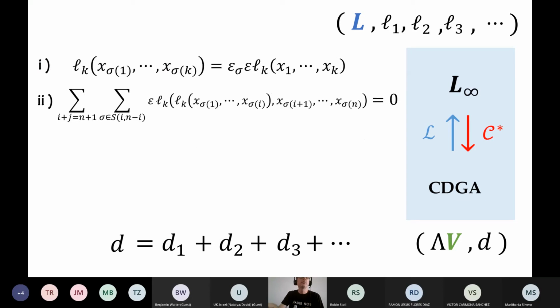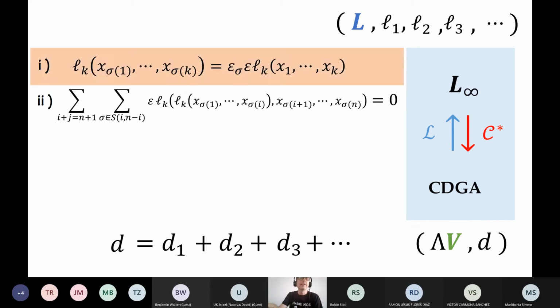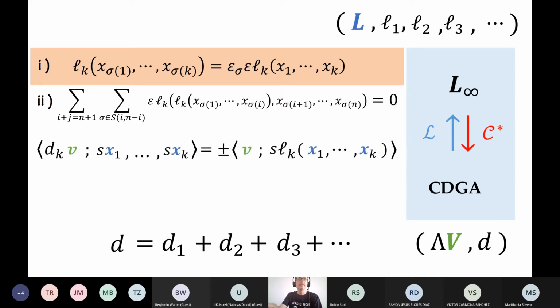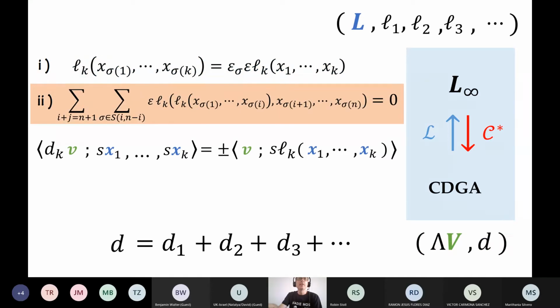How can we do that? First, we need the generalized antisymmetry in order to define the Dk term of this differential by analogy with what we have done in the previous cases. And here we need that because the arguments here can be interchanged, and this should be well defined. And then we need the second identity in order to have a differential, because here we have more terms.